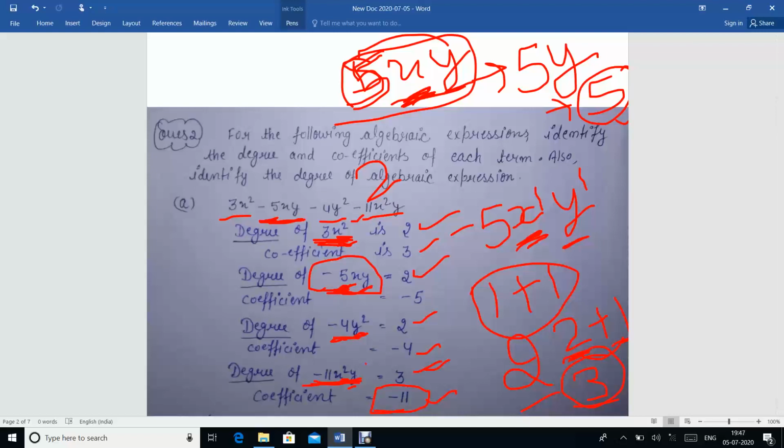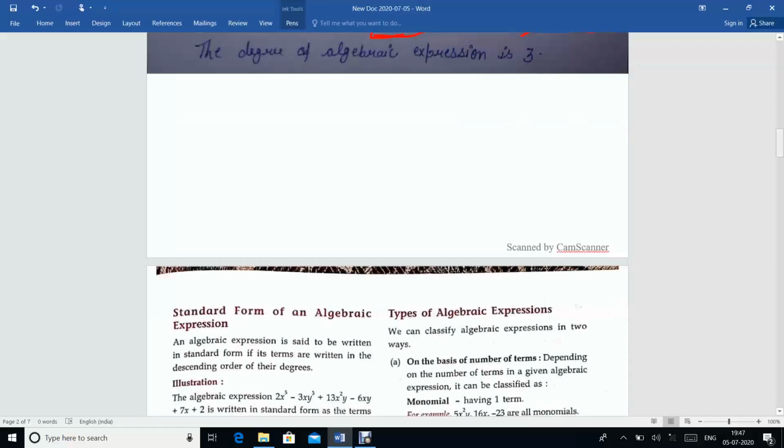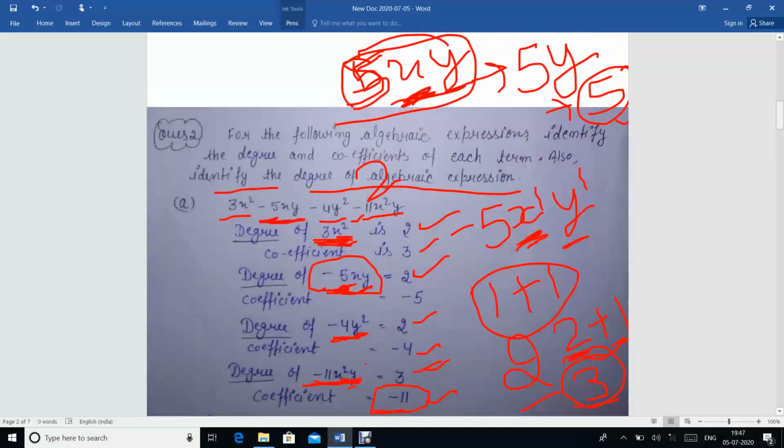In this question, you have to find the degree of an algebraic expression, the whole algebraic expression. First of all, you have to observe the highest degree among the terms of this algebraic expression.